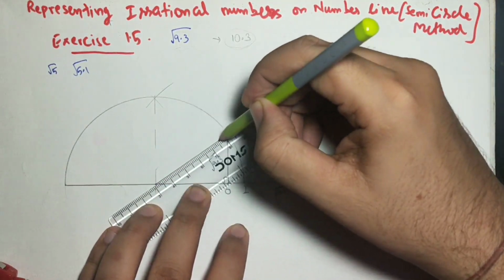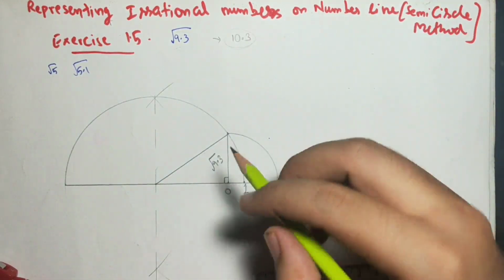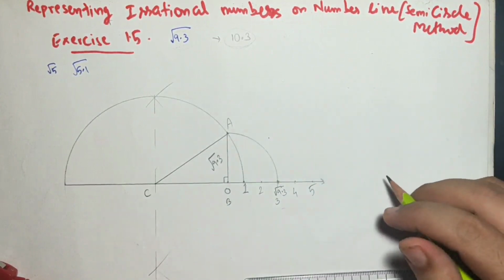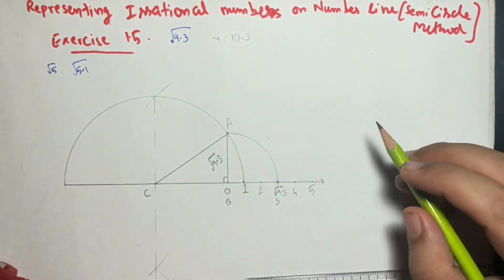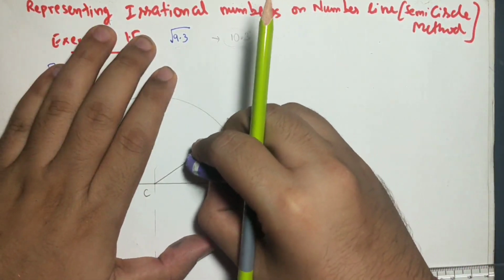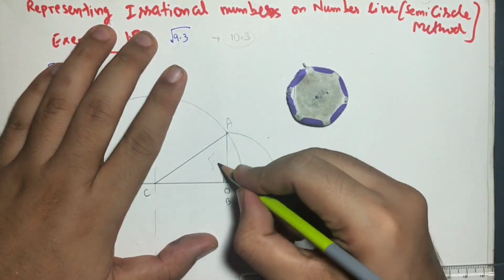I have completed this triangle. Let us name this triangle ABC. As I don't know this value right now, I am writing x over here.